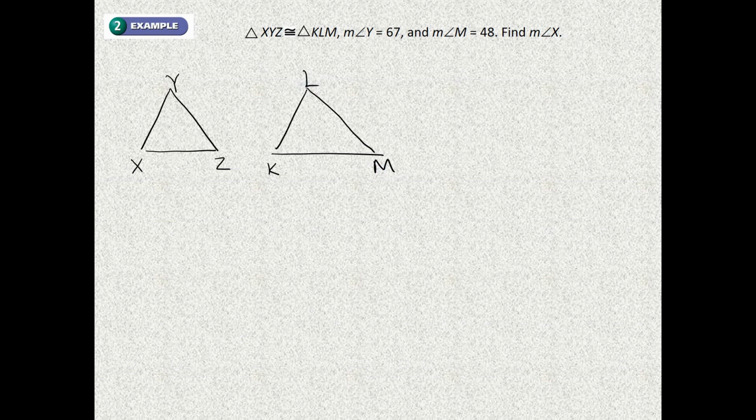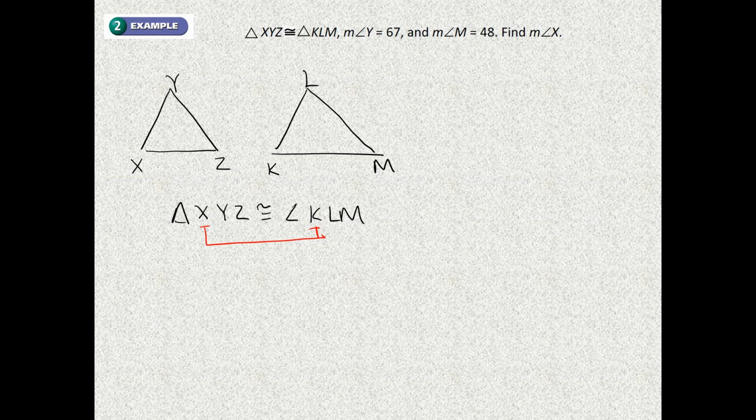Now, using what we have, we can find our corresponding parts that are congruent. So, given that the statement says that XYZ is congruent to KLM, based on the order, we're just focusing on the angles for this example.